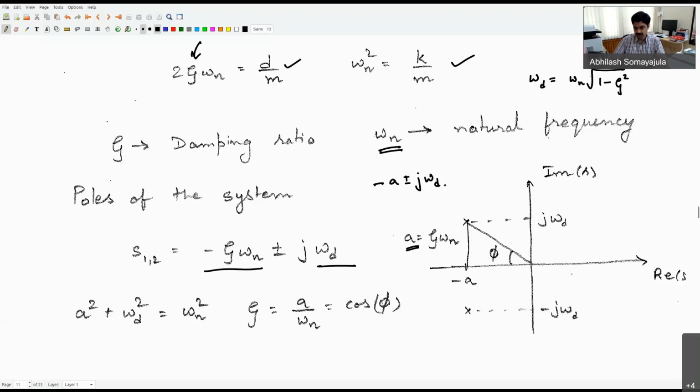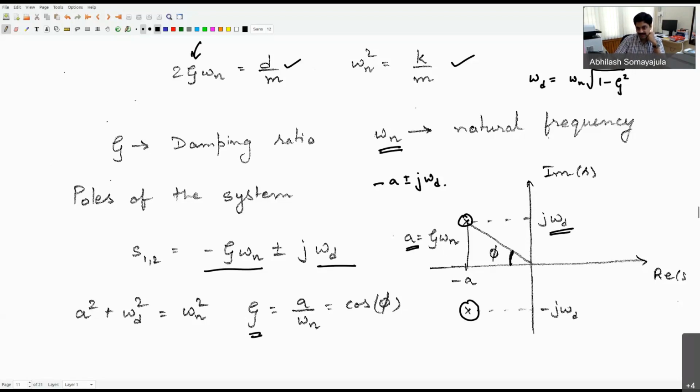If I put them on the complex plane, you will see that the two poles are located here and here. They are complex conjugate poles, with the real part being minus zeta omega n and the imaginary part being j times omega d. The line joining the origin to this pole makes an angle phi, and cosine of phi is nothing but zeta itself, because this is a right triangle.